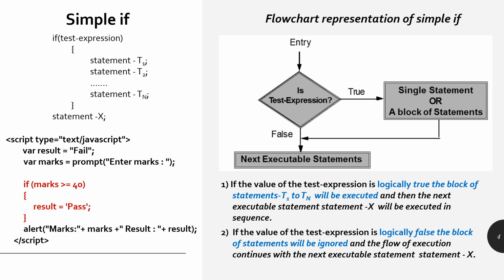If it is false, it will skip this and execute this. That is the meaning. So from simple if itself, if it is true, do this thing.